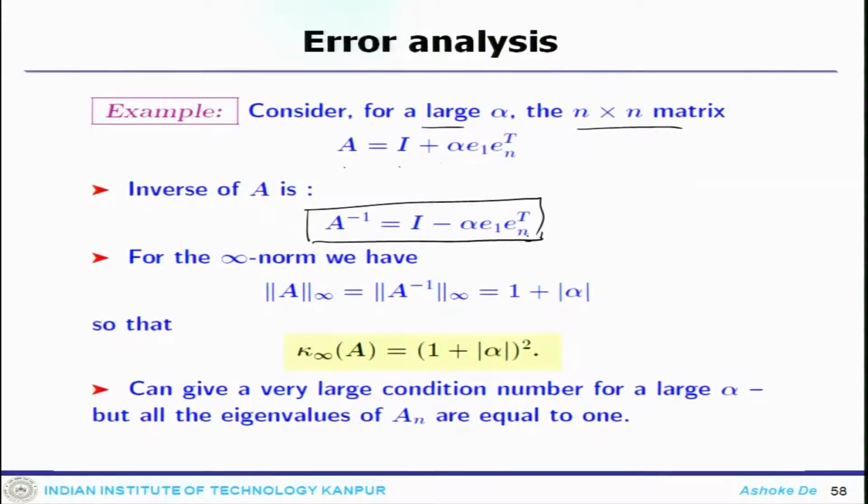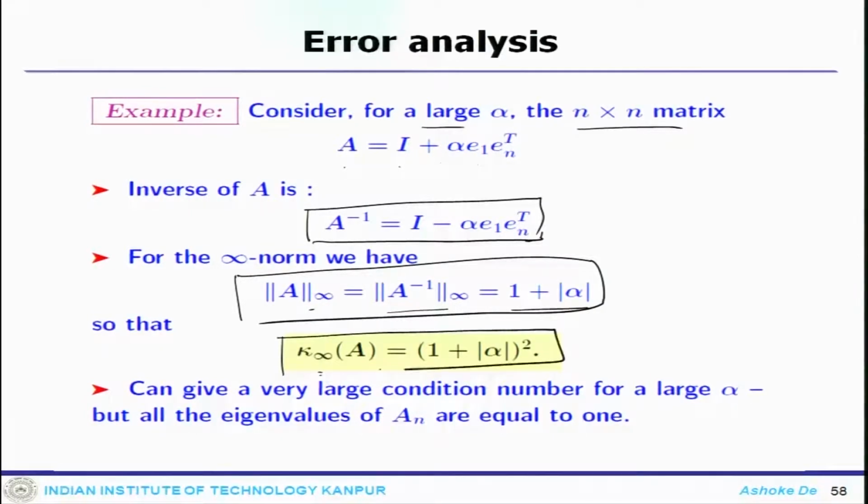For the infinity norm, we have the infinity norm of A equals the infinity norm of A inverse, equals 1 plus mod alpha. This leads to the condition number at the infinity level, which is 1 plus mod alpha, completely squared.